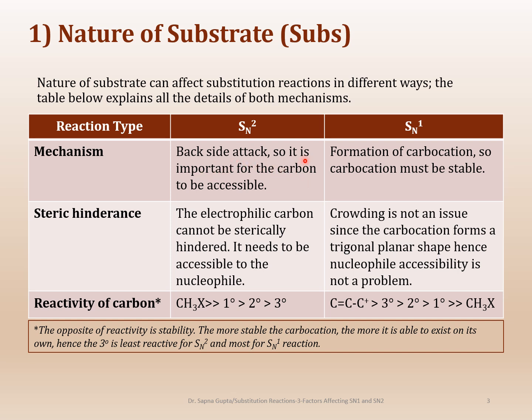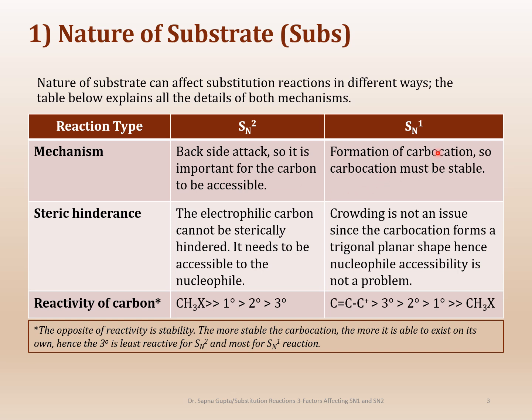The carbon should be accessible. In the SN1 reaction, it's a carbocation formation, so the carbocation must be stable. How sterically hindered the carbon is isn't important, because here the nucleophile is not attacking from the backside. In SN2 it is. So there it is important for the carbon to be accessible.